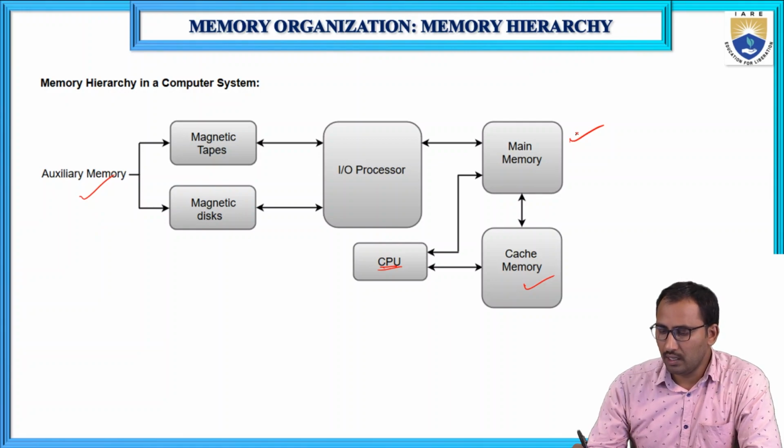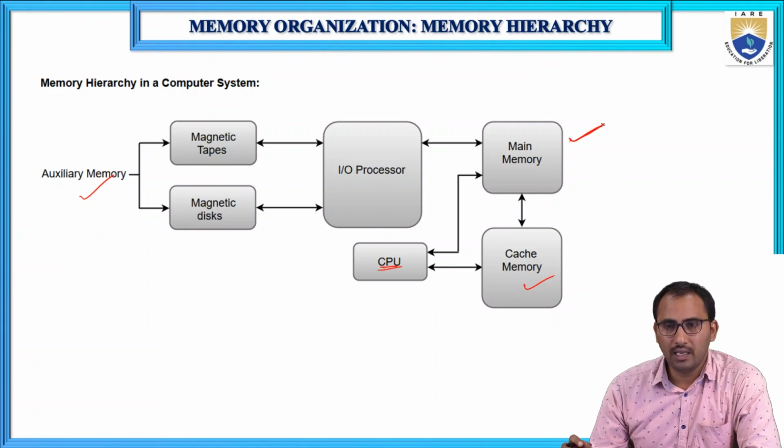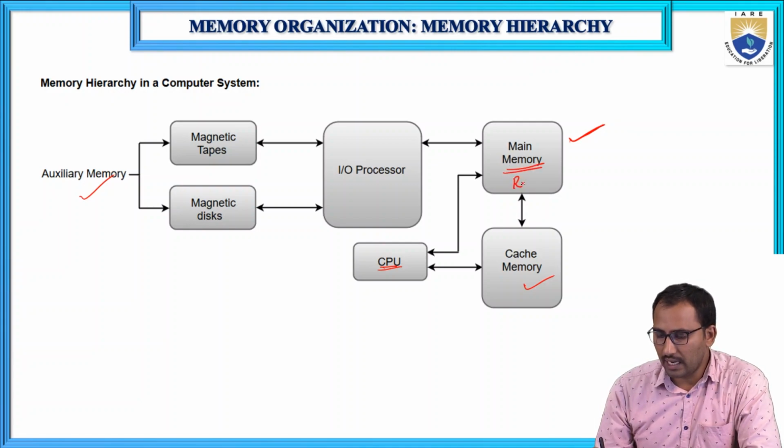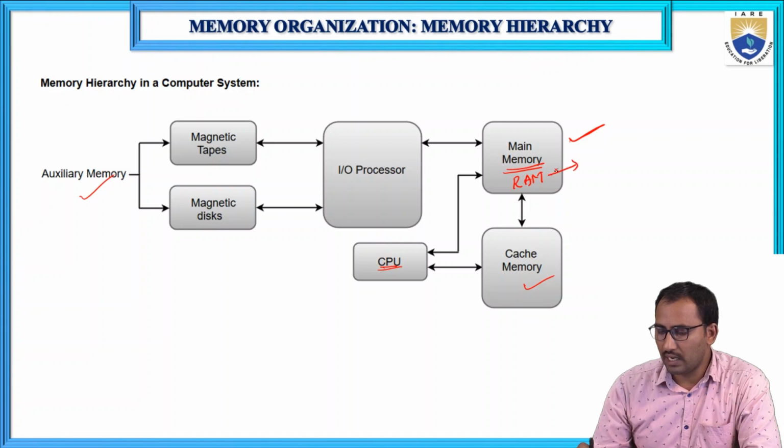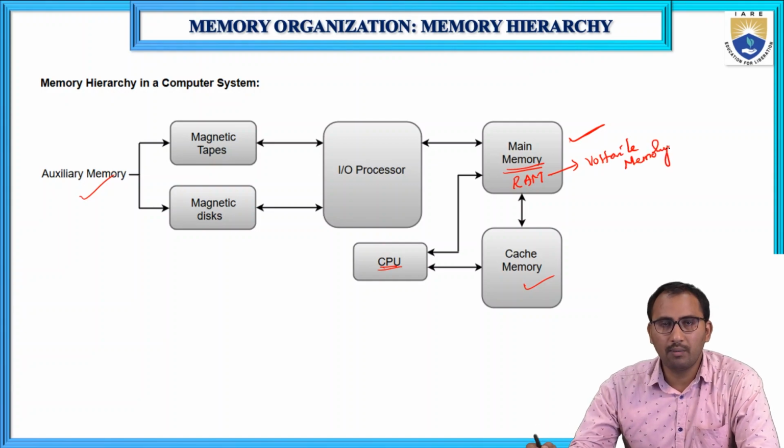We have already seen that main memory is the memory which can directly communicate with the CPU. Main memory can be considered as RAM, and RAM is a volatile memory. So what is volatile memory?